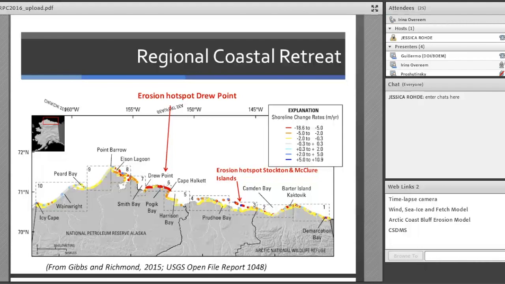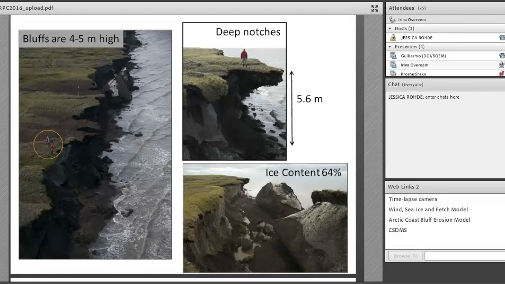But what I'll show you today is more typical of the bluff coast of northern Alaska. I know many of you are very familiar with that, but this is the permafrost-style bluffs, and I have some photos to show you. They look something like this, where these are on high.